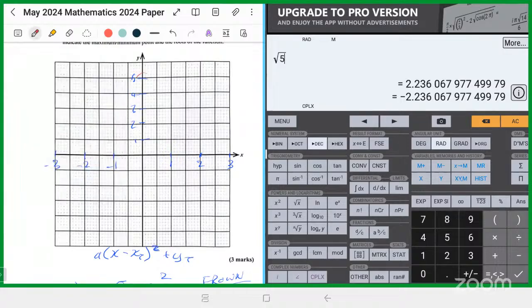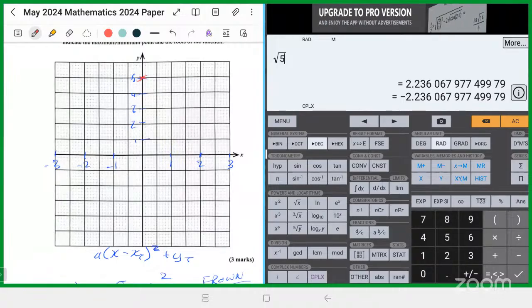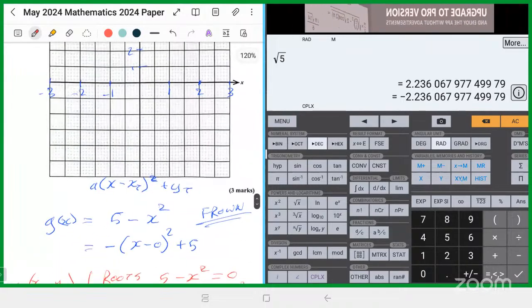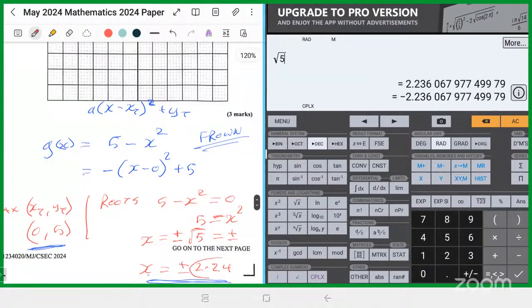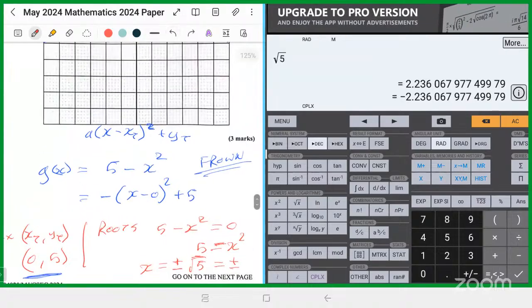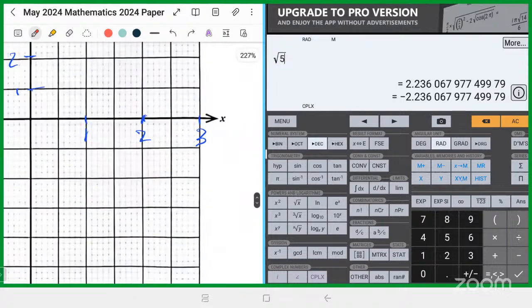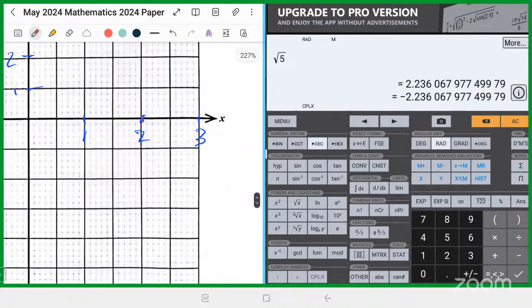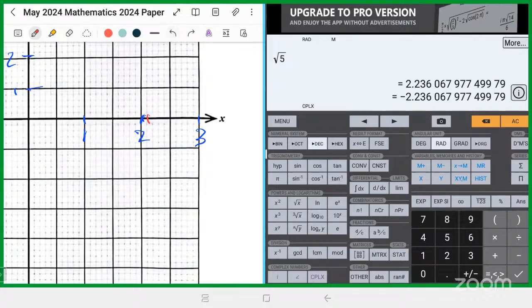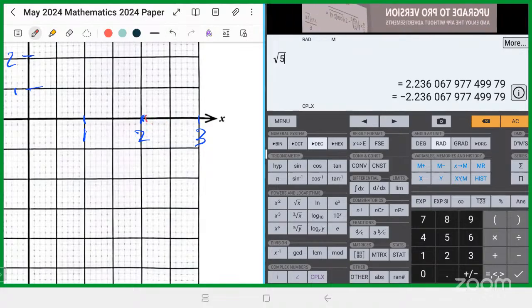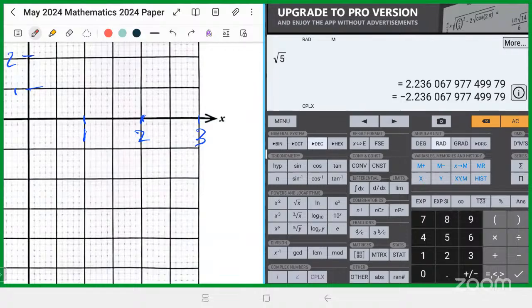It's going to turn at (0, 5) up here, the maximum point, right? And then it's going to go to 2.24, positive and negative. Where would that be? Let's see. This is like 2, 2.1, 2.2, 2.3, 2.4, 2.5. Looking for 2.23, maybe about right here.